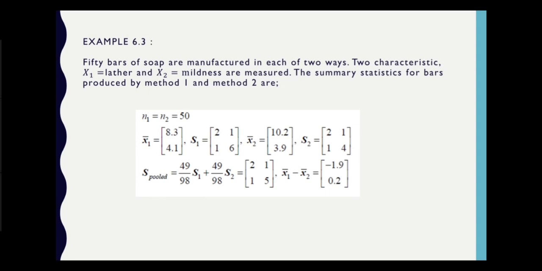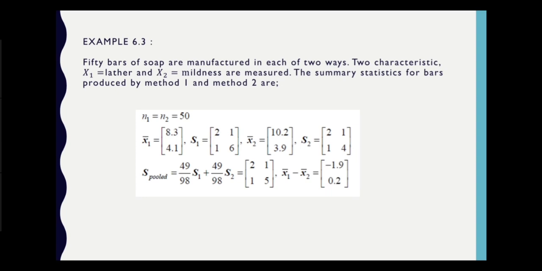Okay, the information from example 6.3 says that 50 bars of soap are manufactured in each of two ways. Two characteristics, whether lather or mildness, are measured. So here we have two populations, which means the two methods: the first method and the second method. The two characteristics, lather and mildness, are your variables.